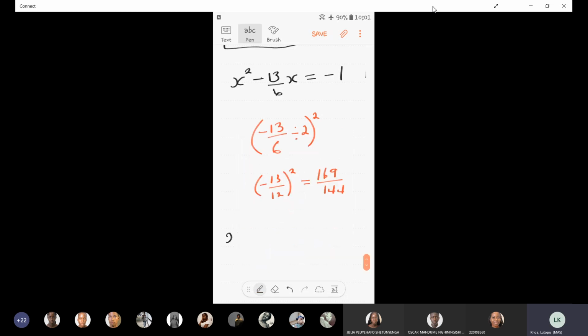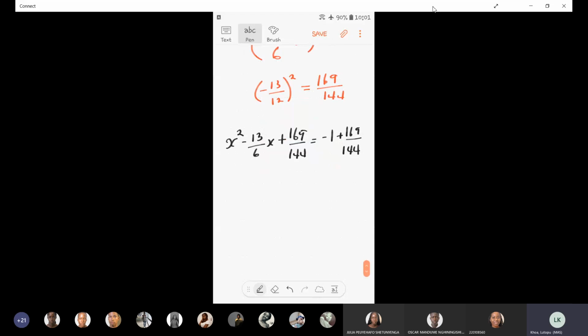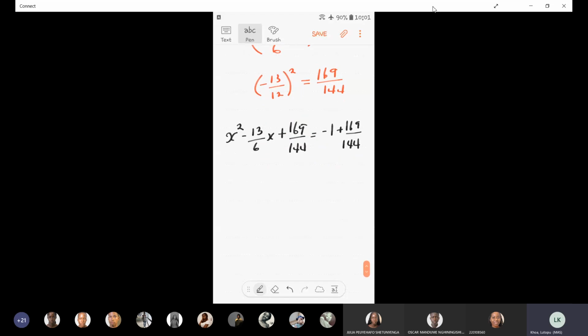So I will have this x squared minus 13 over 6x plus 169 over 144. This is equal to negative 1 plus 169 over 144. So that's what I have. Then my square is now complete on the left hand side.